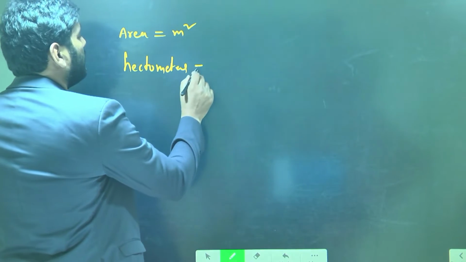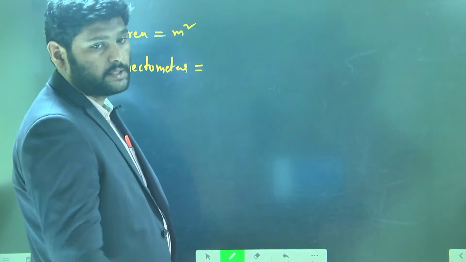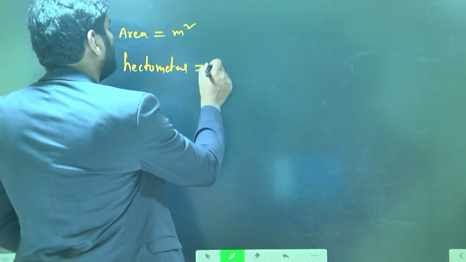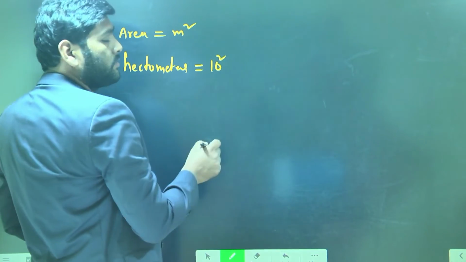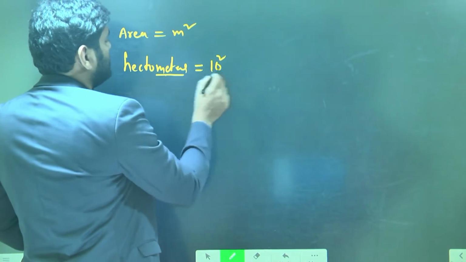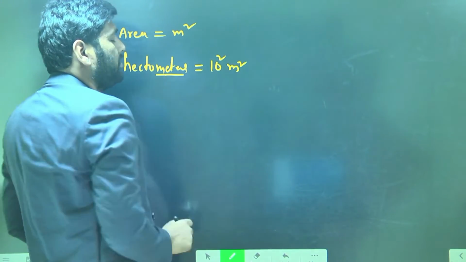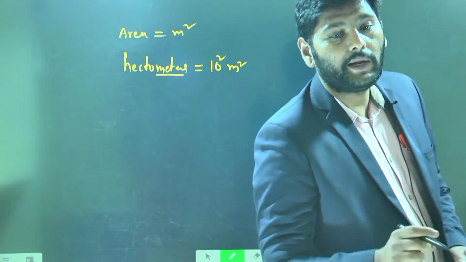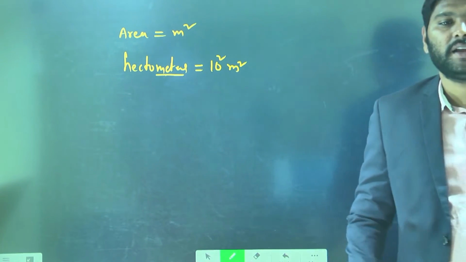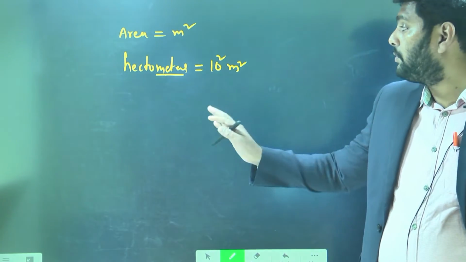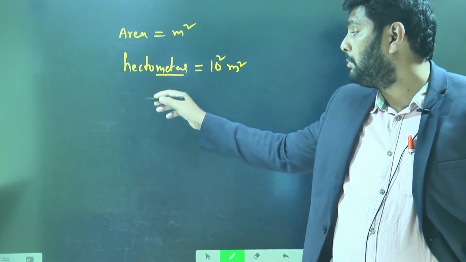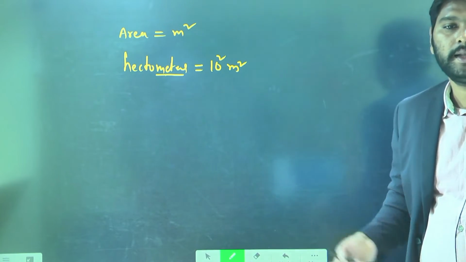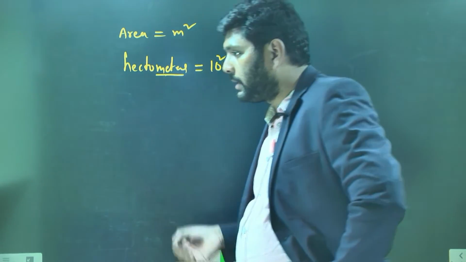That hectare is equal to how many meter squares? Hecto means 10 square, so 10 power 4 meter square is equal to 1 hectare. This is the way we can use these multiples to represent units in a simpler manner. So these are some examples.